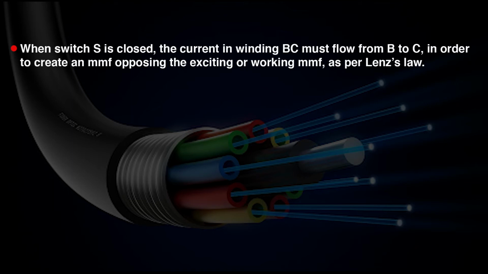Since the working MMF in the transformer remains constant at its no load value, the primary must draw additional current I1 from the source in order to neutralize the effect of current IBC.